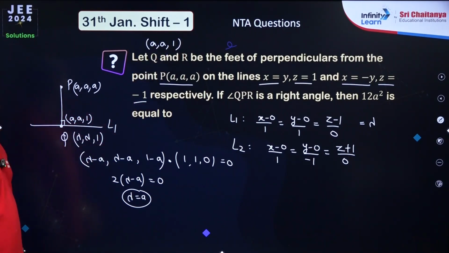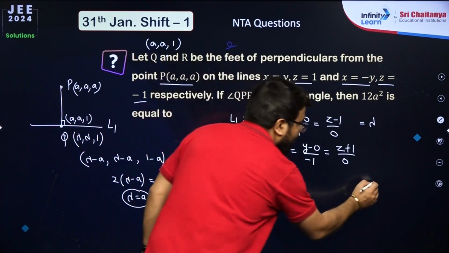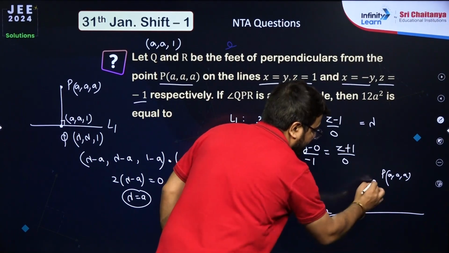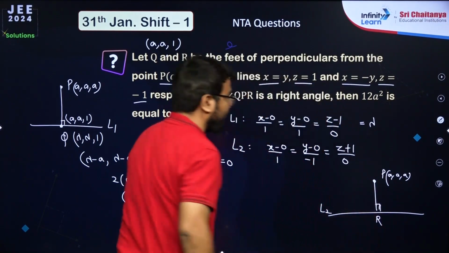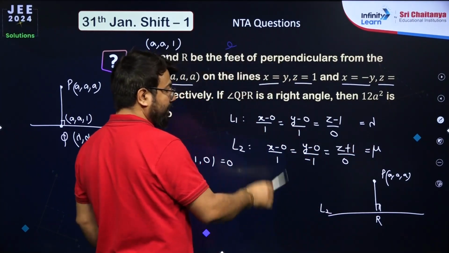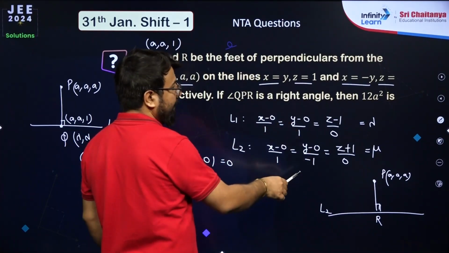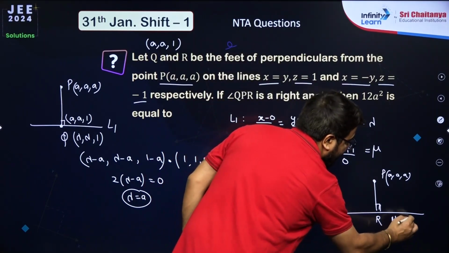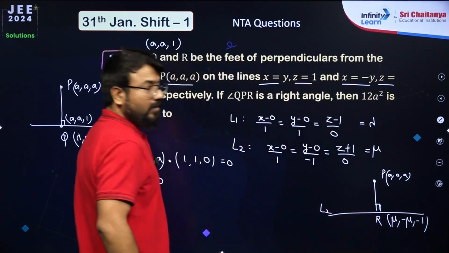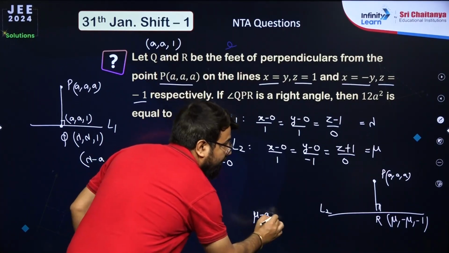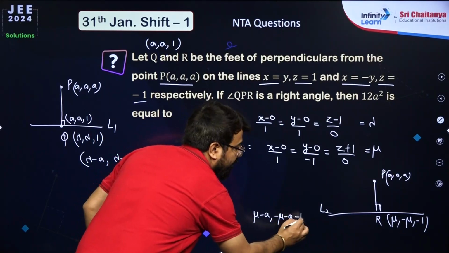Alright. Now let us find the coordinate of the R point. For finding the coordinate of R from the point P, let us drop the perpendicular to the line L2. If I assume here to be mu, for example, I will get the point (mu, -mu, -1). So the vector will be (mu-a, -mu-a, -1-a).